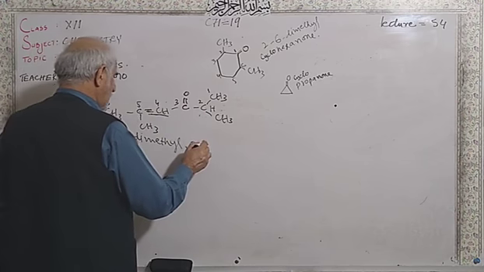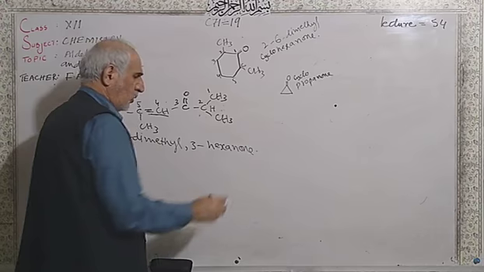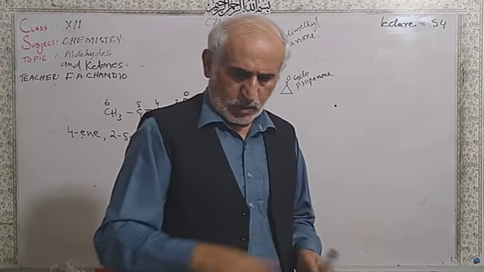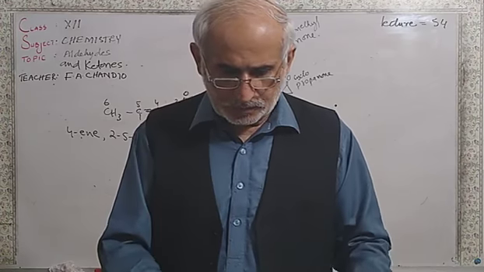Total carbons are 6, 3-hexanone. So this is the nomenclature. Nomenclature you have to practice.